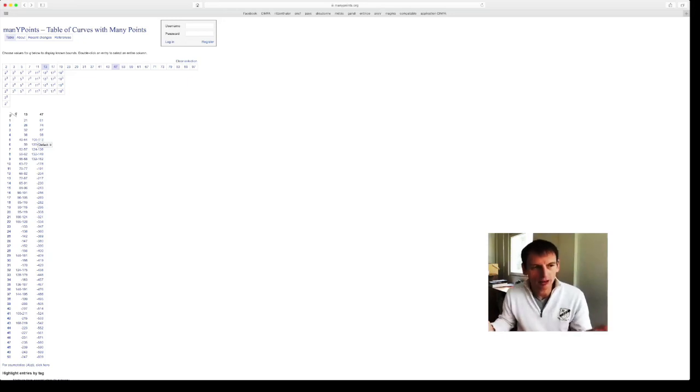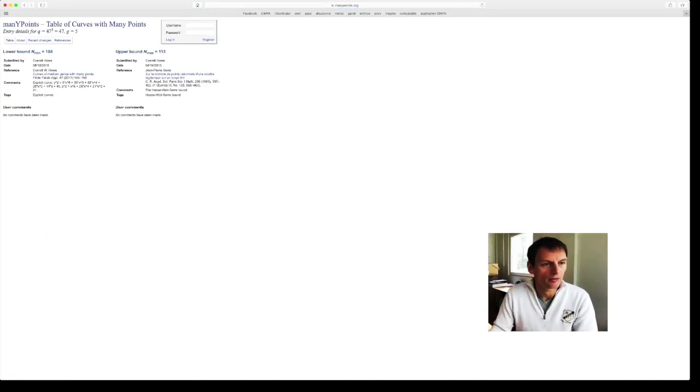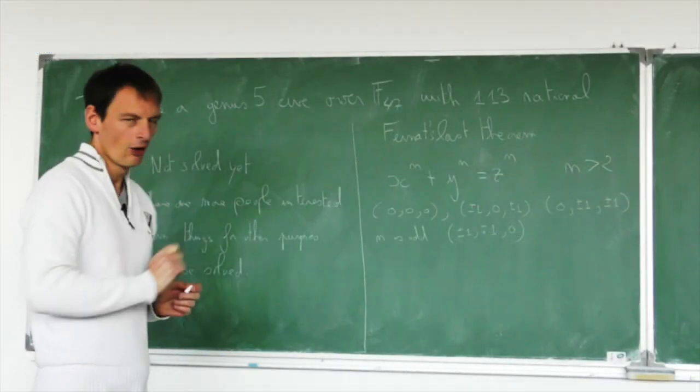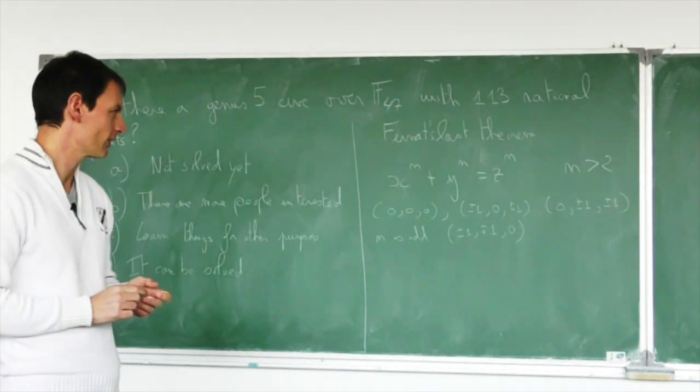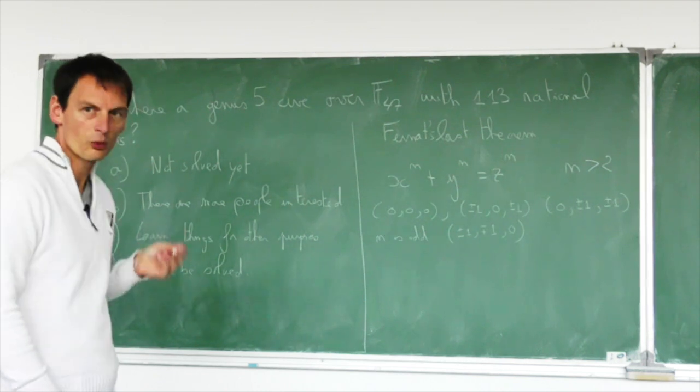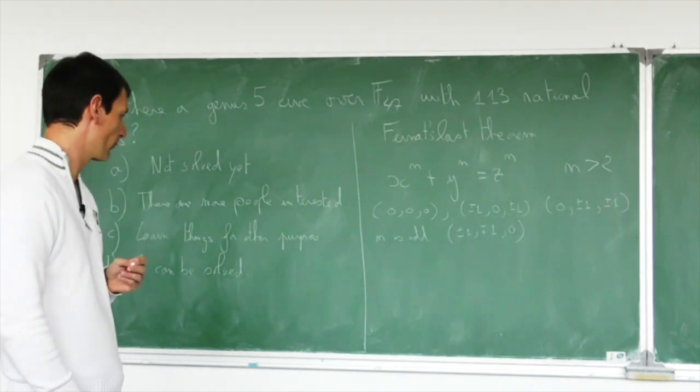But right now, people know how to construct a curve of genus 5 over F47 with 108 points. And it is even given explicitly like this. So indeed, this is an open question for us. This proves that this question is still open now.